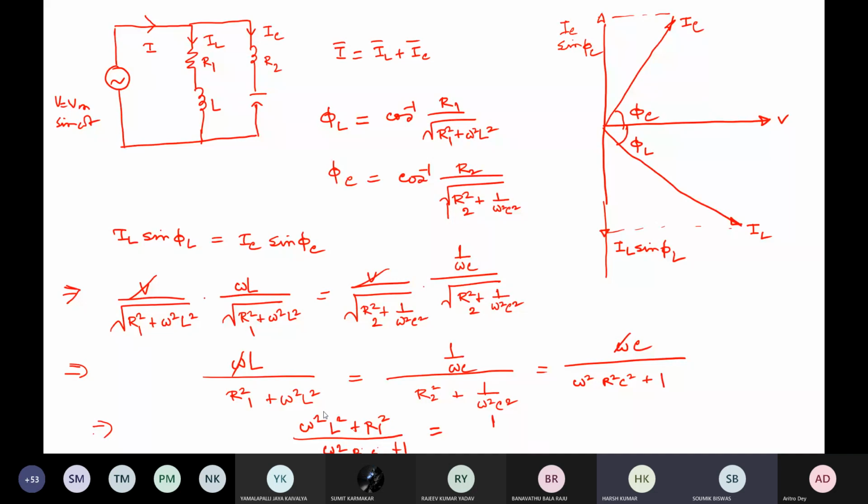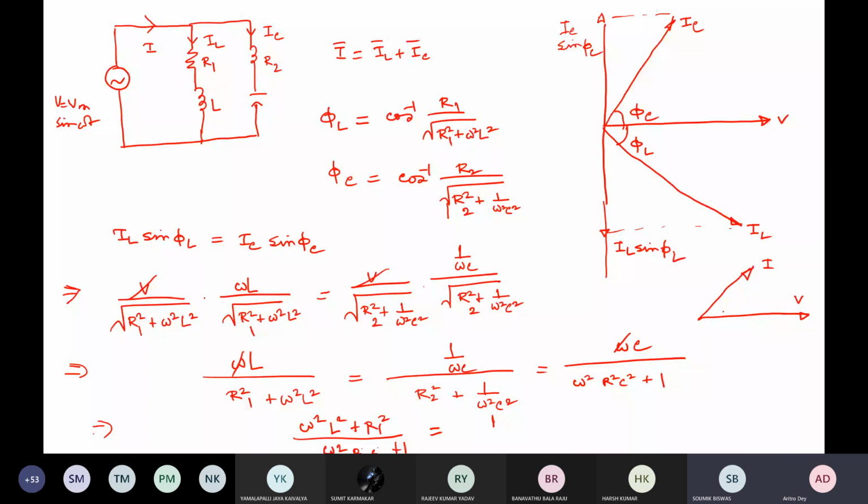It should be cos inverse of R1 by root over of R1 square plus omega square L square. No, because actually, if you have a phasor like this, your voltage phasor V, and you have a current phasor I, say it is a capacitive circuit, the current is leading.